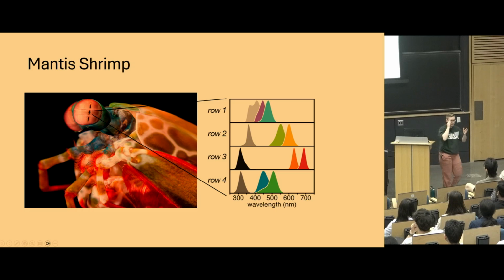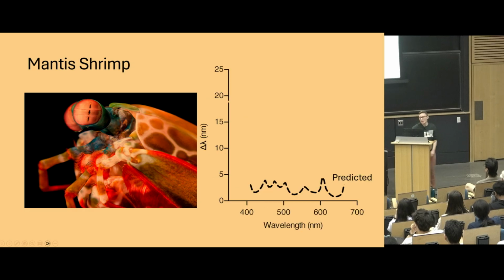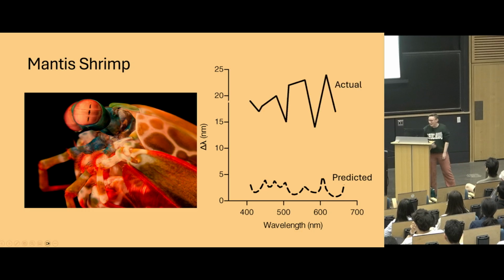Now, if you use the standard computational models, you can make these incredible predictions that your animal should be able to resolve wavelength differences of like 1 to 5 nanometers. But then when you actually give the shrimp light sources to choose from, their actual delta lambdas are up here at like 15 to 25, which is much worse than people can do.